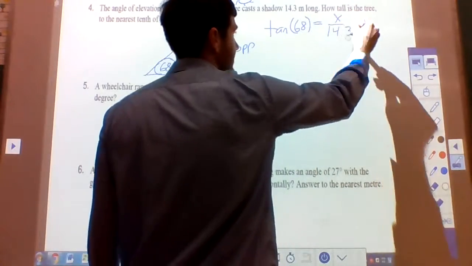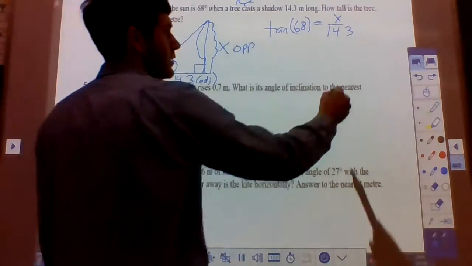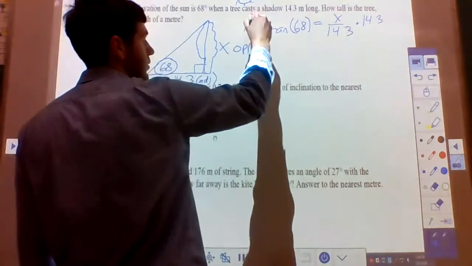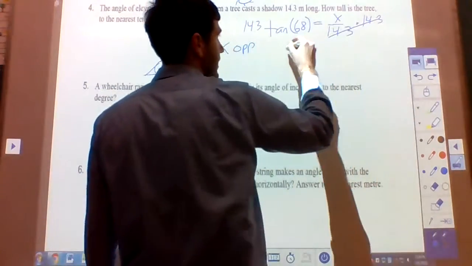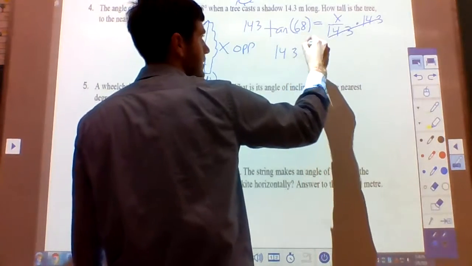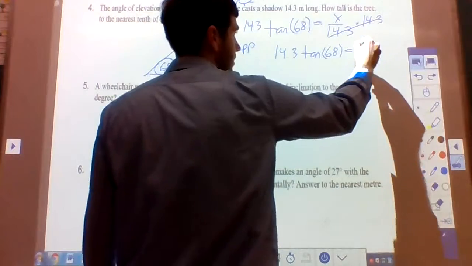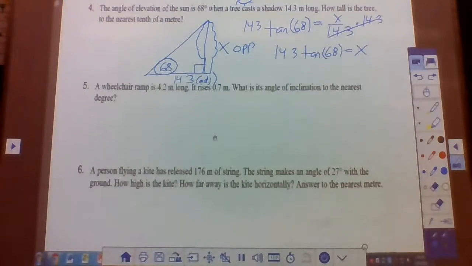We have to get x by itself, so we need to multiply both sides by 14.3. These cancel out. We get 14.3 times the tangent of 68 is going to be equal to x. So 14.3 times the tangent of 68.